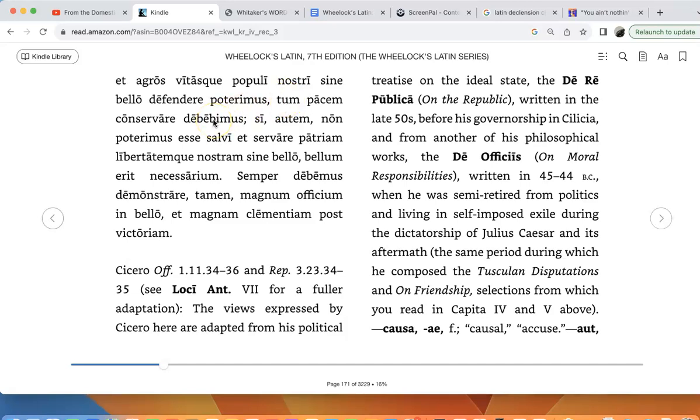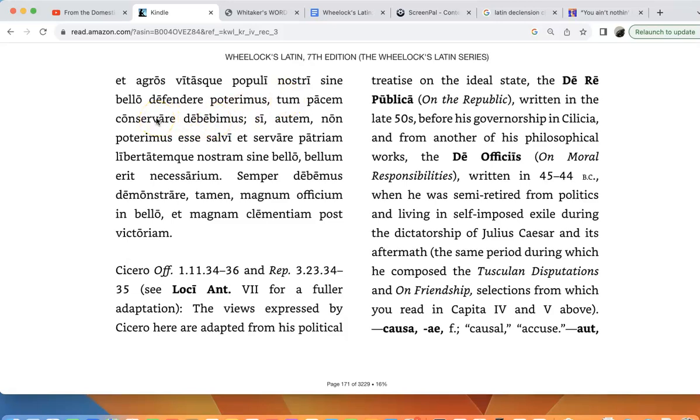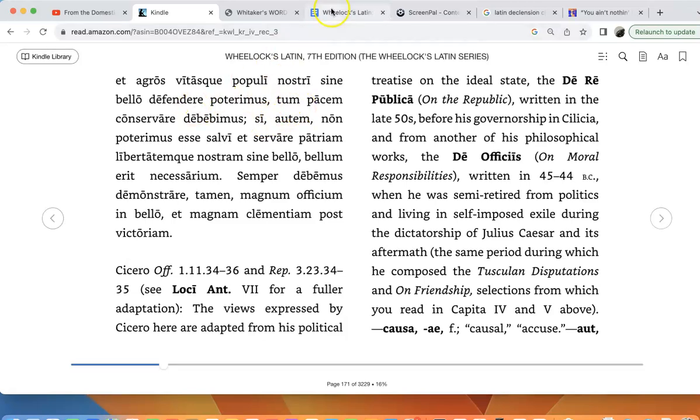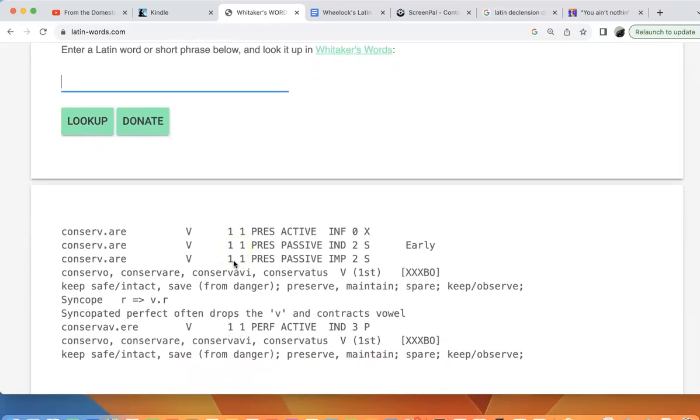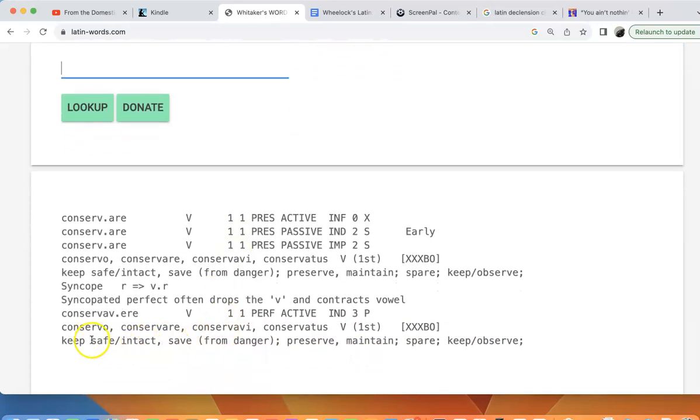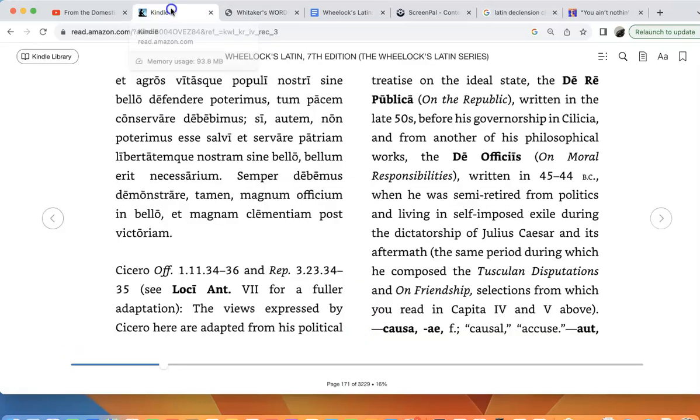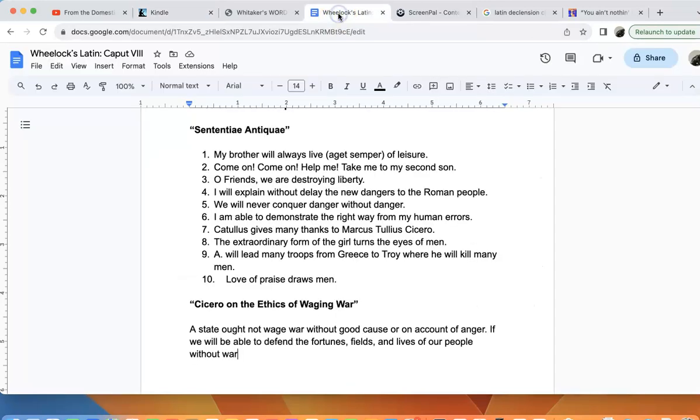Then we ought to protect peace. Now, conservare, let's see if we have other options here. We ought to maybe keep the peace, or maintain peace. So we should maintain peace.